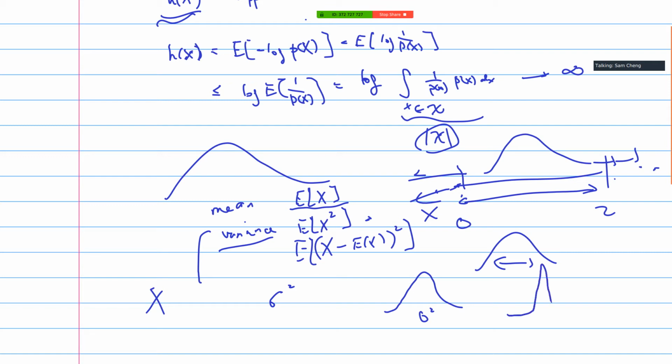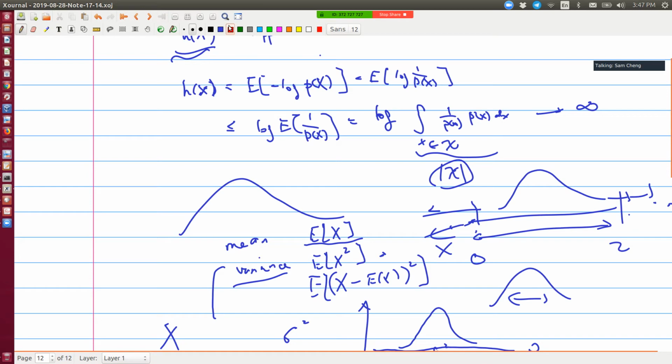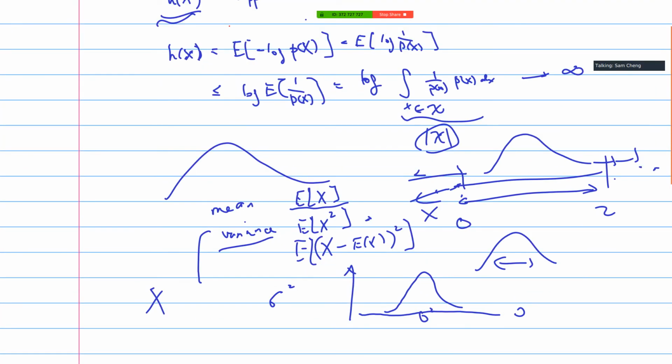I don't know how to draw it, but I guess it should be like this. Let's say this goes to 0, this height is 0 here. So I may have a different distribution that is sharper in the middle but does not decay as quickly and has the same variance. So maybe this guy decays later on and also has a variance of sigma squared.